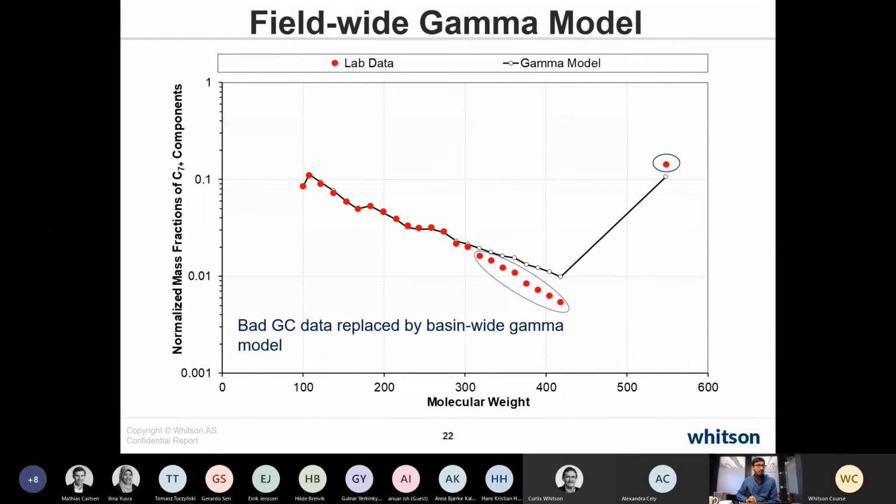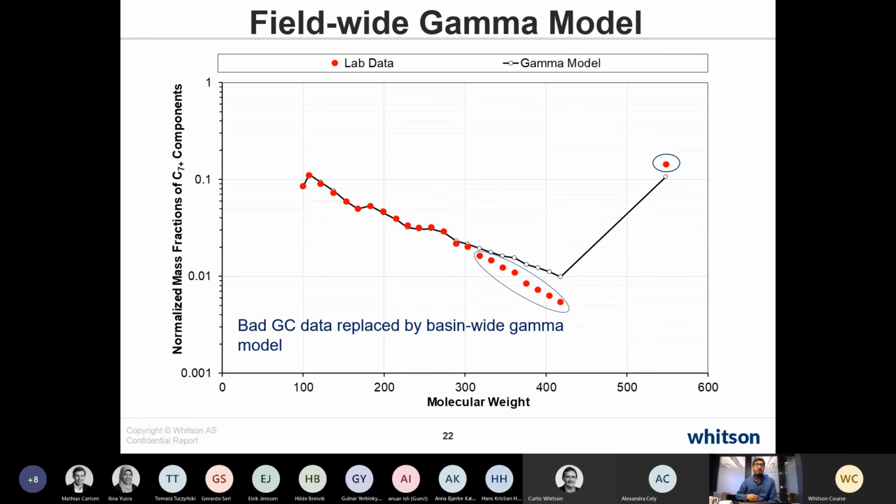That's a good comment from Curtis: if a software has a gamma distribution model, you still need to know what gamma model parameters you should use to define the distribution of the heavier ends, like what the alpha factor is for the given field, and the eta, the lower bound for the given field.